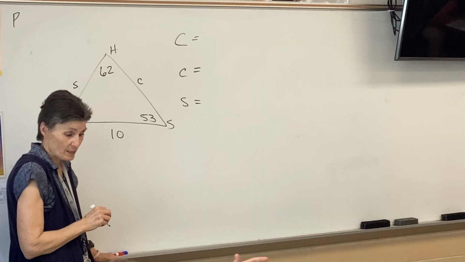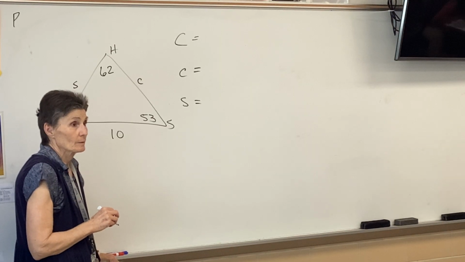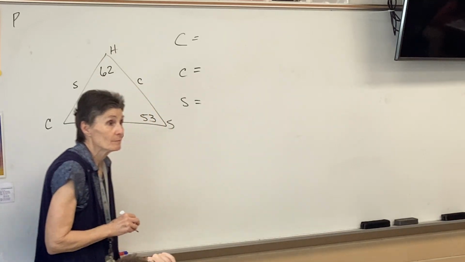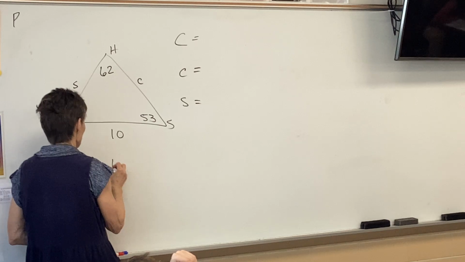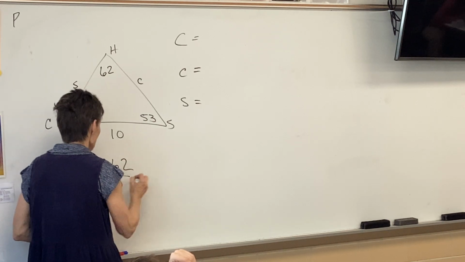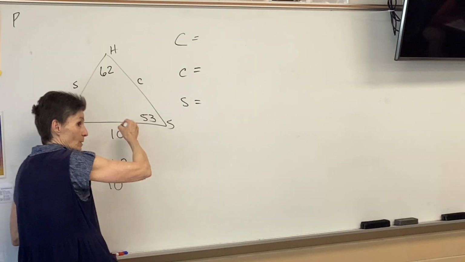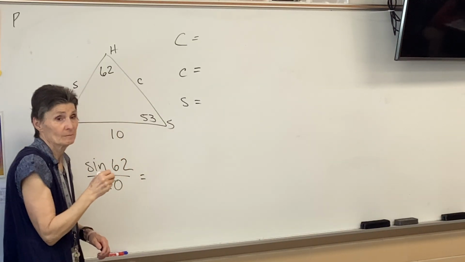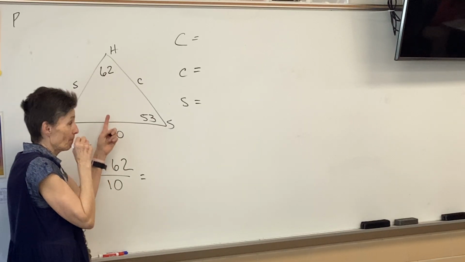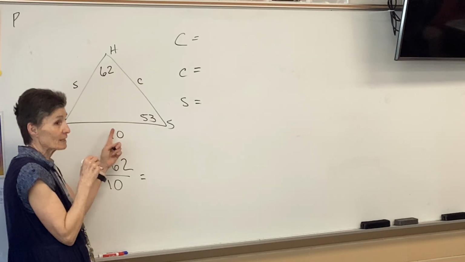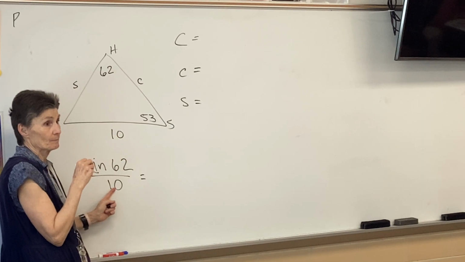So what do we do? I can do sine 62 over 10 right there. We're going to learn today that you're not always going to have that pair. In 5.6, if you've got the pair, then you go to law of sines.